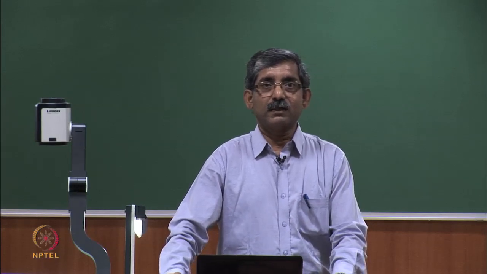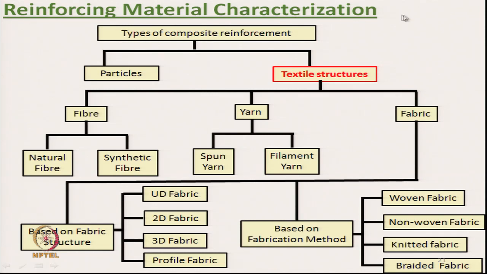So, these are the reinforcing materials. First is particles, which we will not discuss because we will be discussing the textile structure. Textile structures are basically of 3 types: fiber, yarn and fabric.